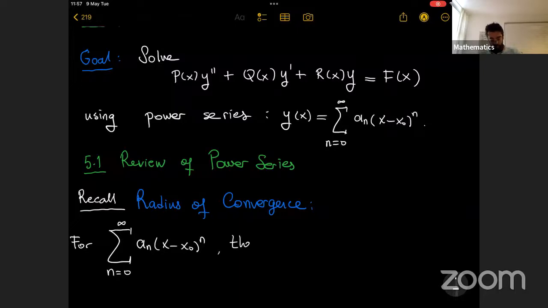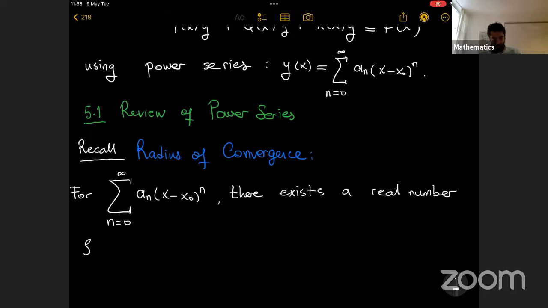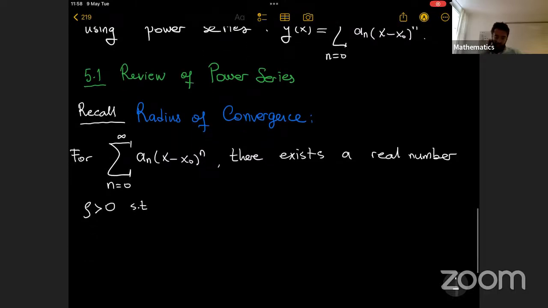there exists a real number, let's say rho, such that, one, the series is convergent absolutely.